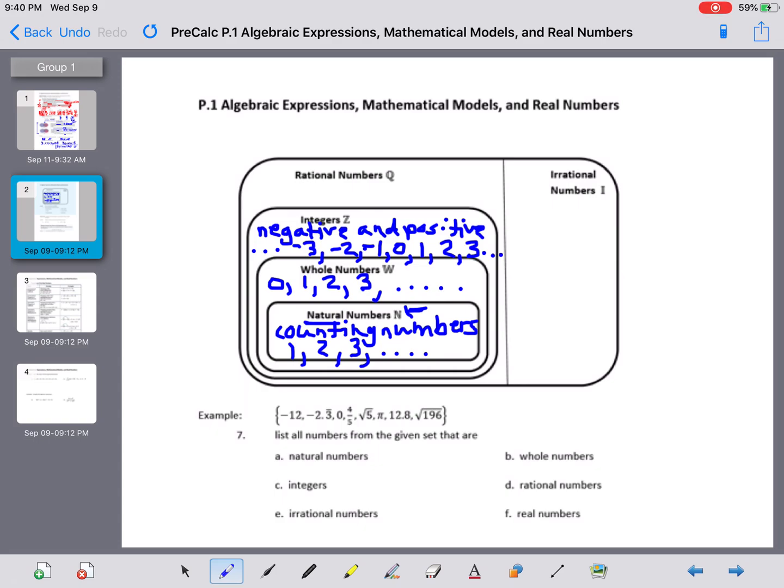Now, rational. The best way to give you a definition, and if you always think about how this is given, you can always check to see if something is a rational number: the best definition for a rational number is a number that can be written as a fraction.